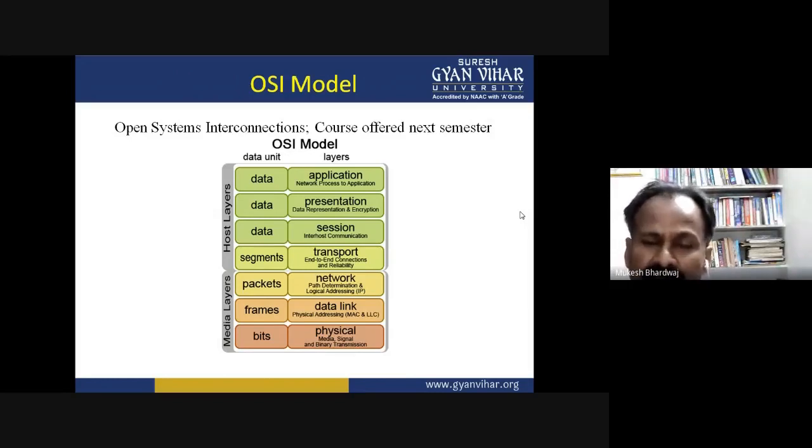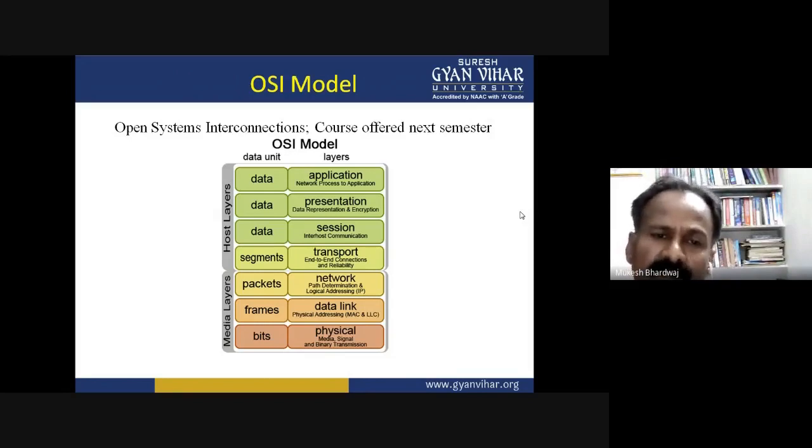Similarly, in an electronic system, if you want to transmit a message or signal, for example in the case of electronic mail or email, first the OSI model sets up protocols. It is Open System Interconnection, by the International Standards Organization, in which there is the application layer, then the presentation layer, the session layer, the transport layer, the network layer, the data link layer, and then the physical layer.